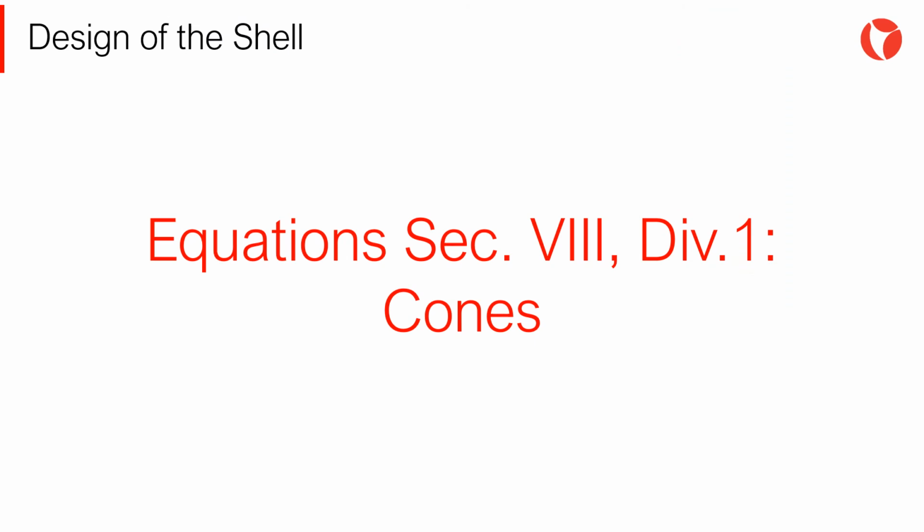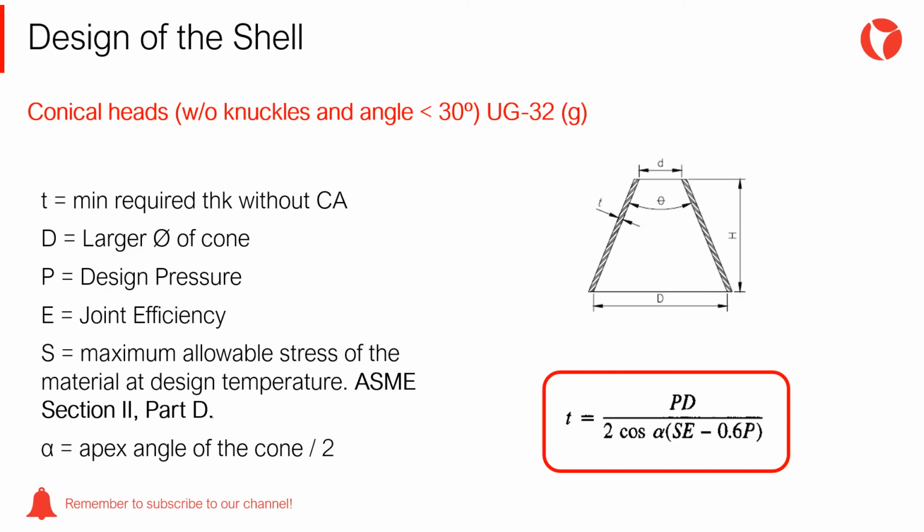In the following slides, we will see the proposed equations by the code, section 8, division 1, for conical transitions. For conical transitions without knuckles and with half apex angle less than 30 degrees, applicable equations are the same as for conical heads.